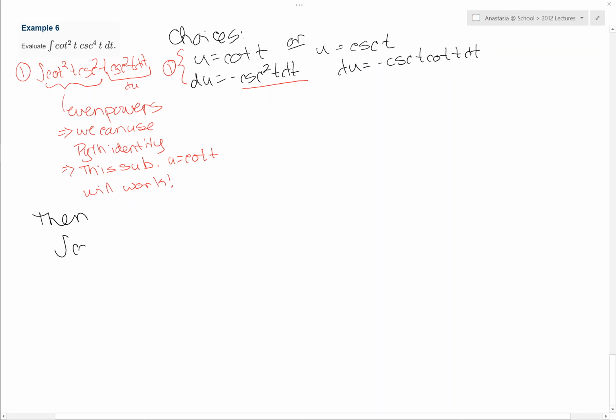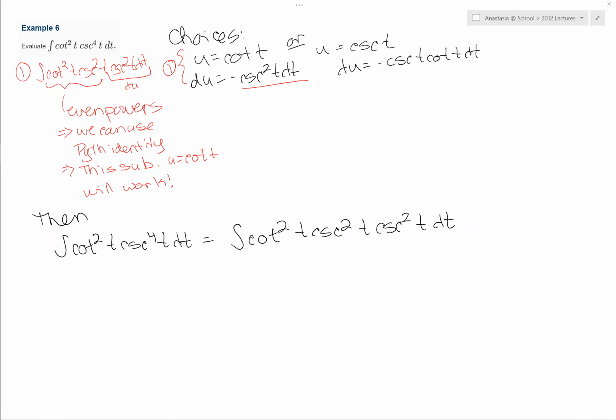So then the integral of cotangent squared t cosecant to the fourth t dt will equal the integral of cotangent squared t cosecant squared t times cosecant squared t dt. Now from here, you need to make it very clear which choice of u you're using.